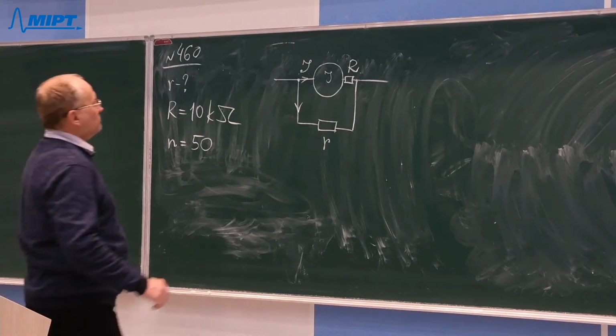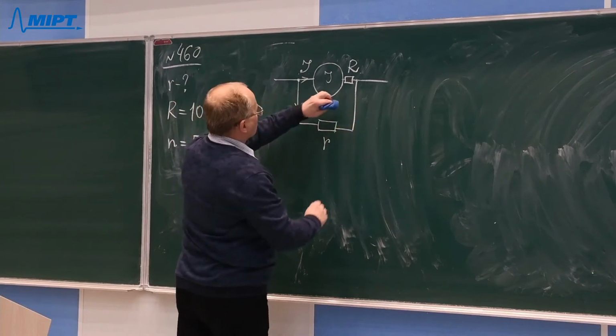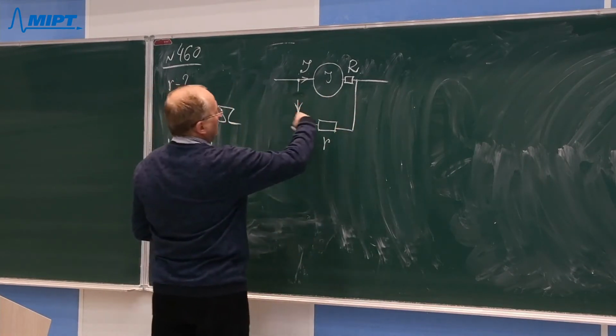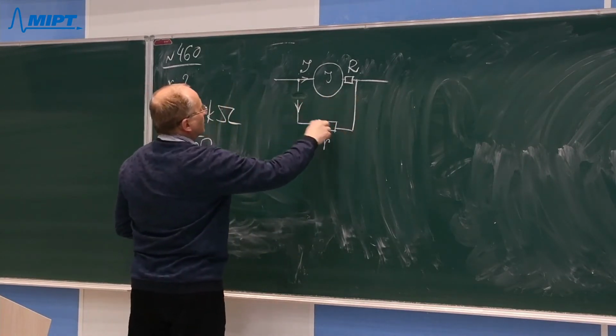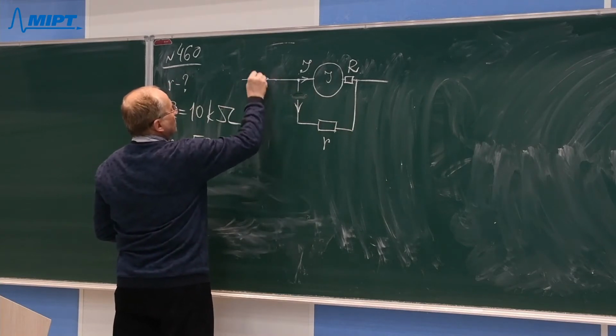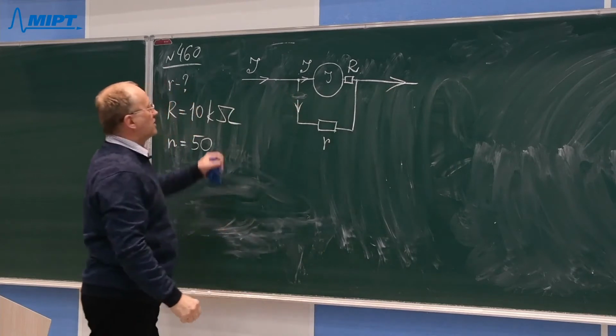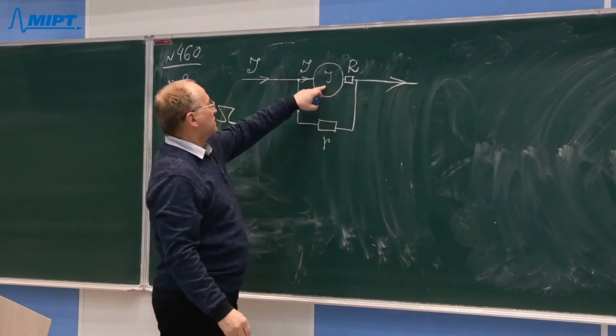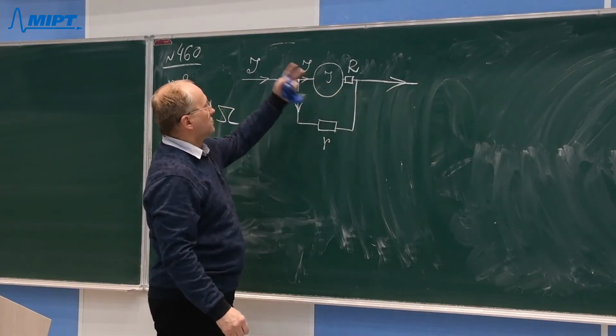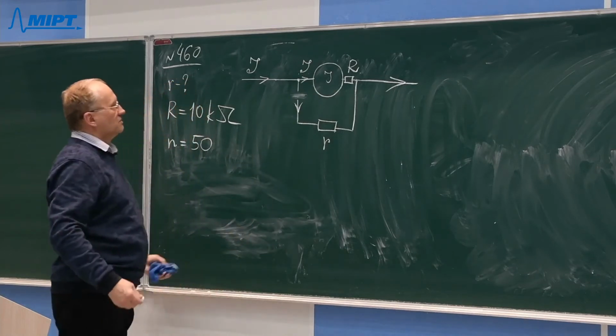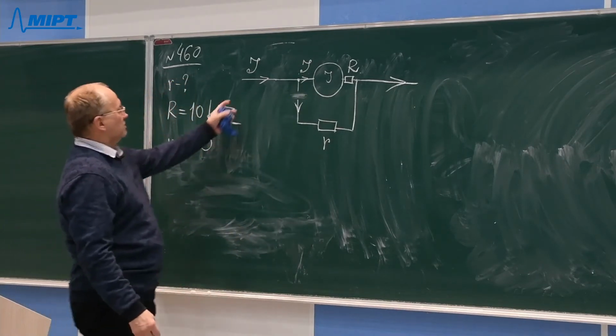If there is no shunt at all, then we don't pay attention to this circuit, and there is a current, the electrical current, which goes in this direction and goes through the galvanometer, and the galvanometer shows this current.